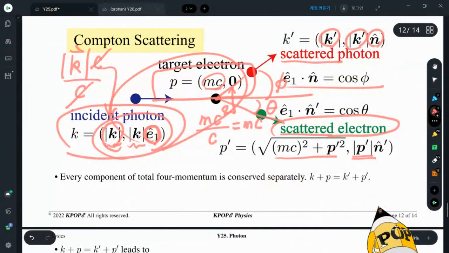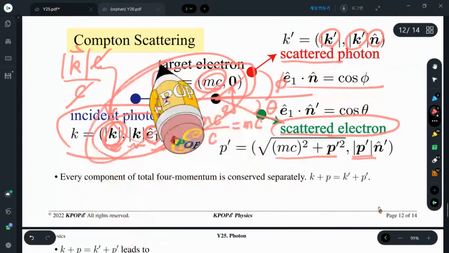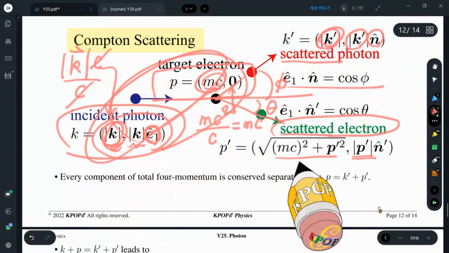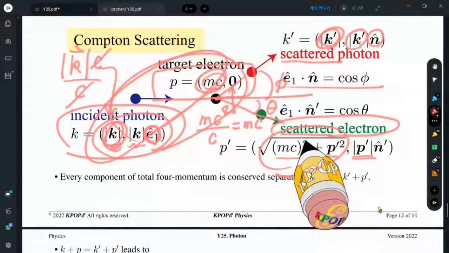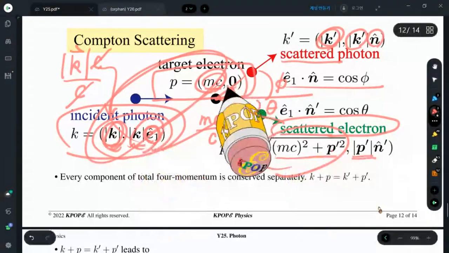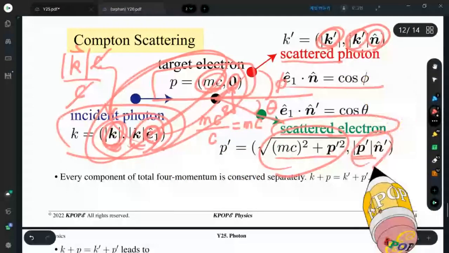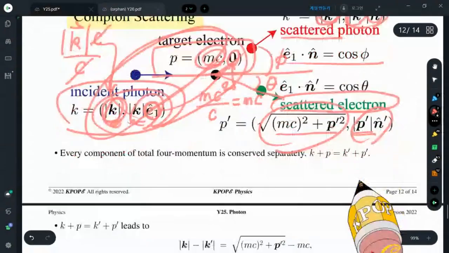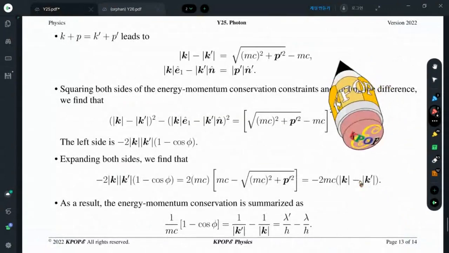Einstein's four-momentum conservation says the sum of energy in the initial state should be the same as the sum of the energies in the final state. Again, linear momentum conservation is also true. The sum of these two vectors must be the same as the sum of these two vectors. The relation is given like that.